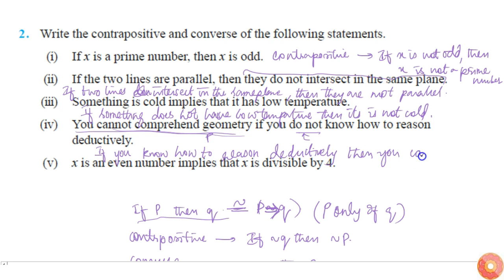I wrote negation Q, then negation P. Not of cannot is can. So this is how it is.